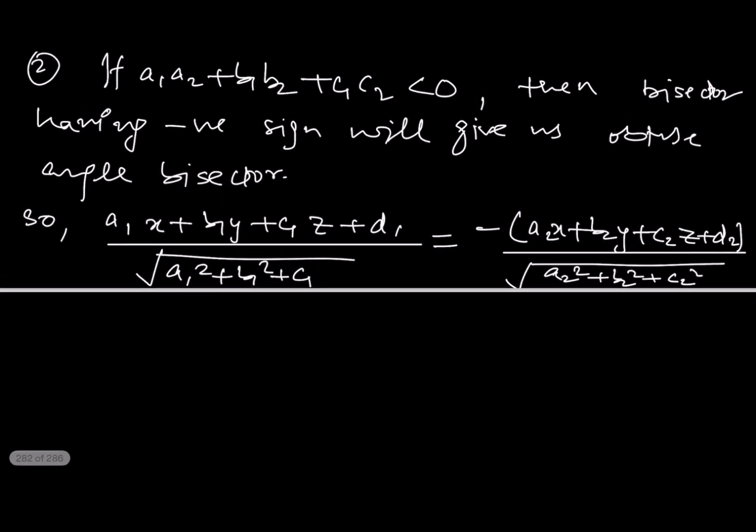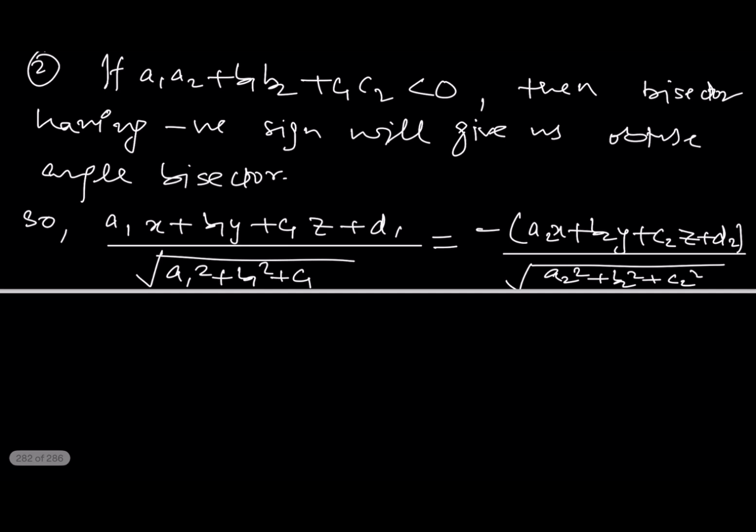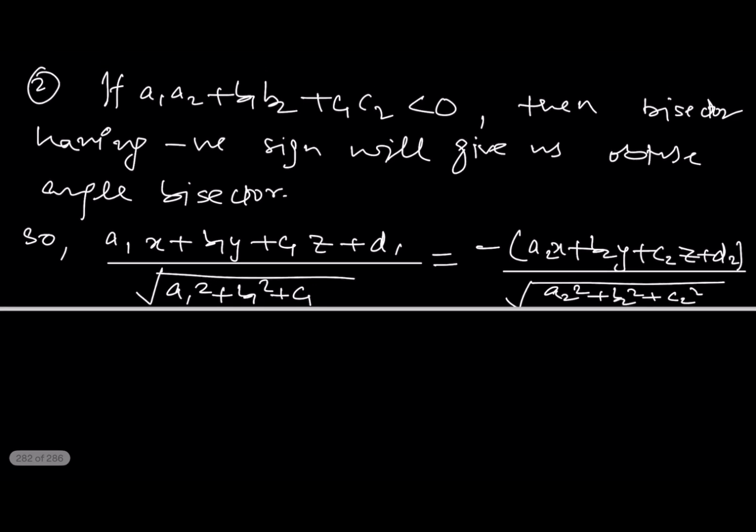We need not be confused, right? For acute and obtuse angle bisector, always go with the sign of A1A2 plus B1B2 plus C1C2. If the sign is positive, then the obtuse angle bisector will have positive sign, right?